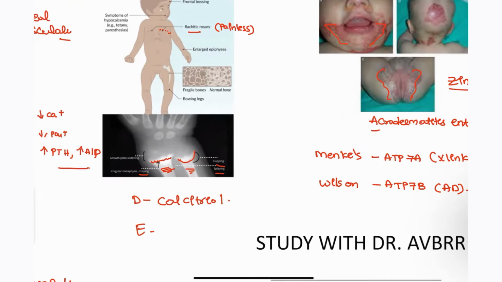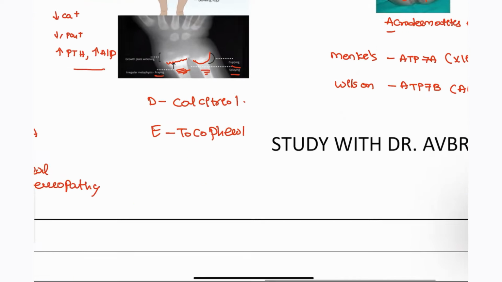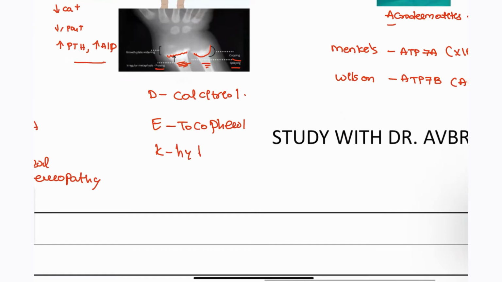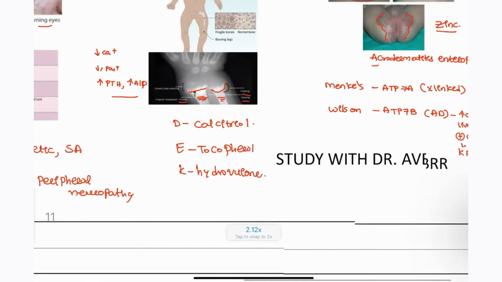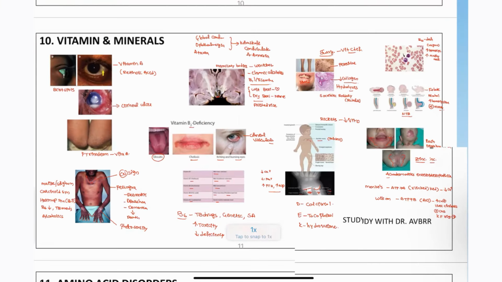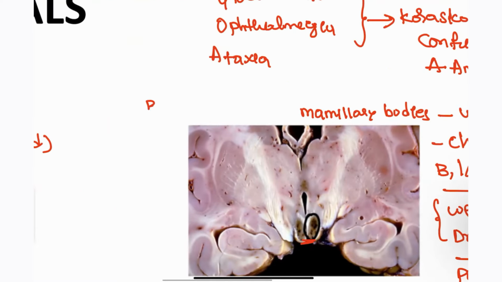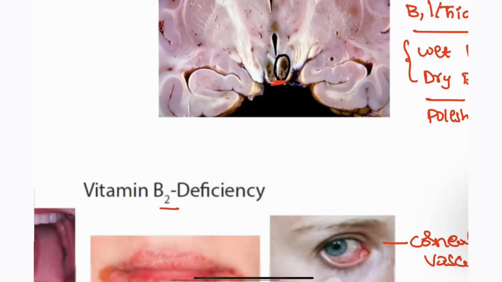Vitamin E, it is tocopherol. And vitamin K, hydroquinone. Next, B1, the important one is thiamine pyrophosphate.